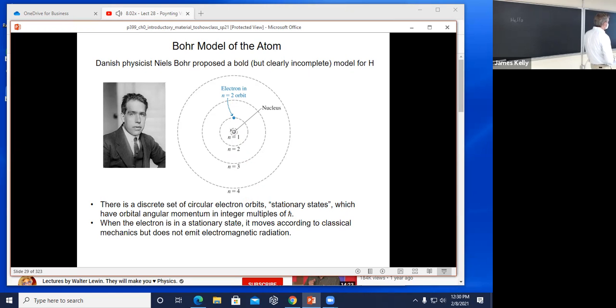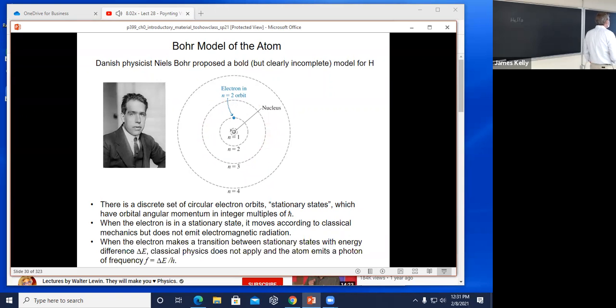And when the electron is in one of those stationary states, it just stays in those stationary states. It moves according to classical mechanics, but it doesn't emit radiation for an unknown, unspecified reason. Bohr doesn't know why, but he says, you know, for some reason you get a free ride when you're on one of these orbits.